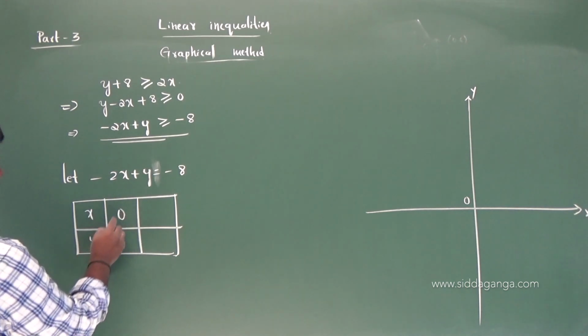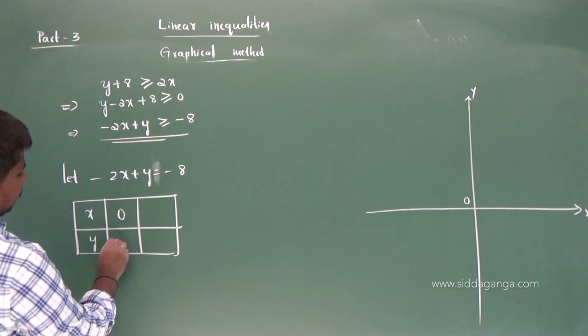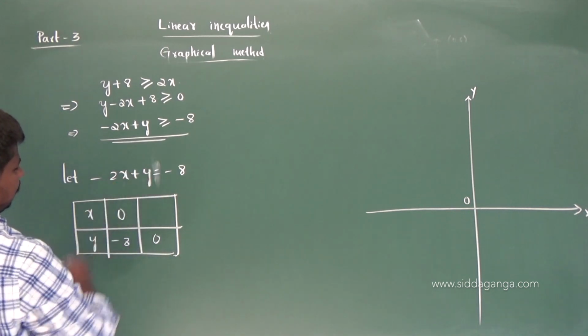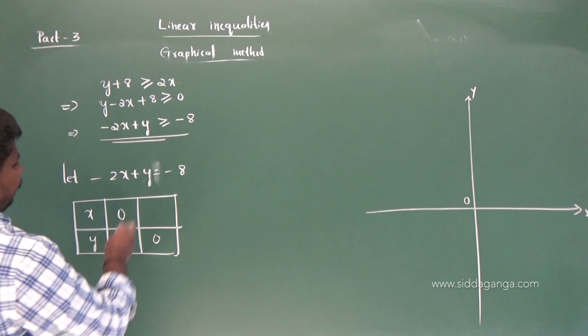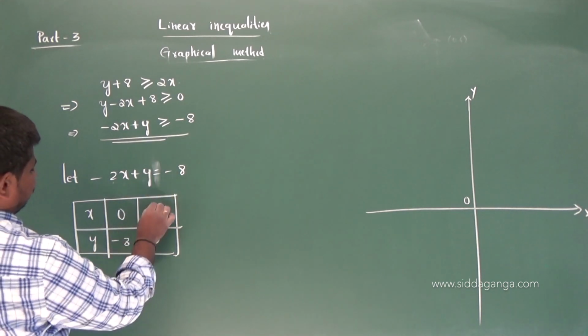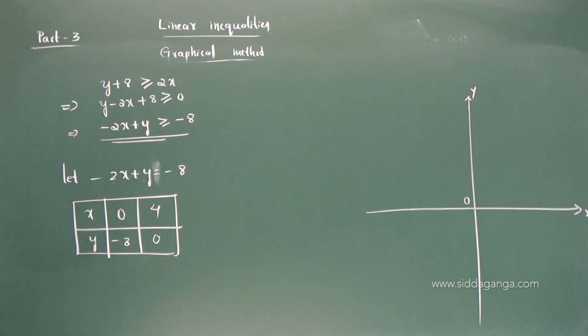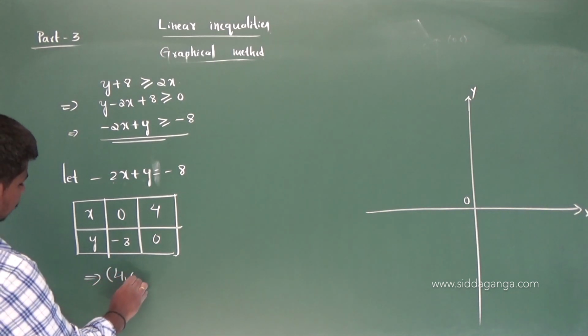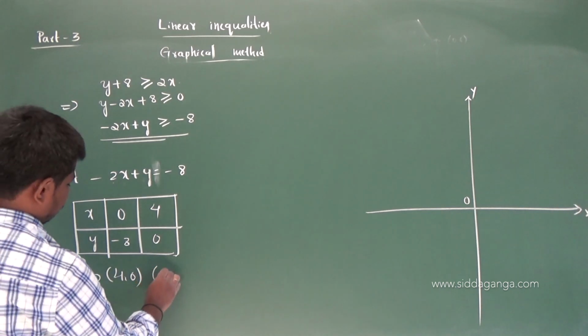When x is 0, y becomes minus 8. When y is 0, minus 2x is minus 8 and x becomes 4, minus 8 by minus 2. So this line passes through 4 comma 0 and 0 comma minus 8.